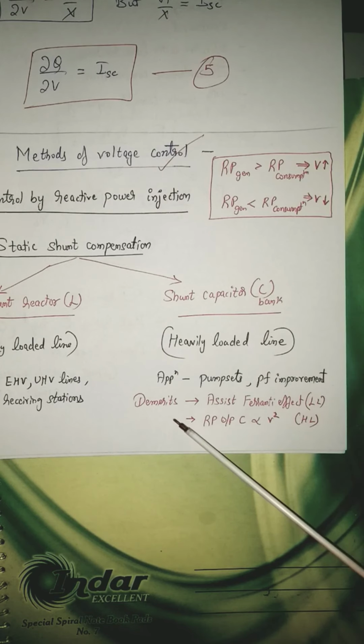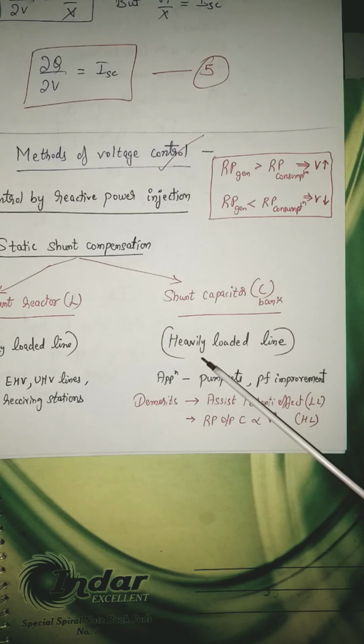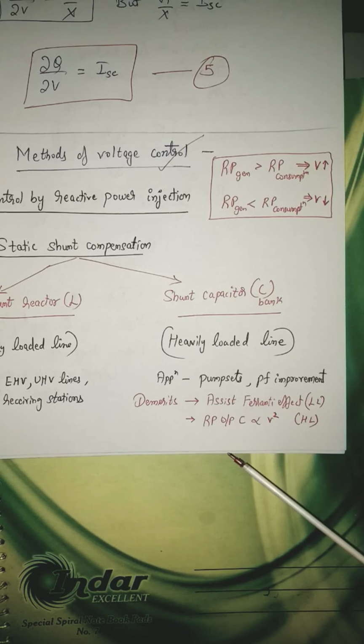Okay. Now, see, here we say heavily loaded line. So whenever there is a heavily loaded line, generally there is a relationship between reactive power output of a capacitor and the voltage across a capacitor, which is nothing but reactive power output of a capacitor is directly proportional to square of voltage. If the voltage will reduce, automatically the reactive power output of the capacitor also is going to reduce.